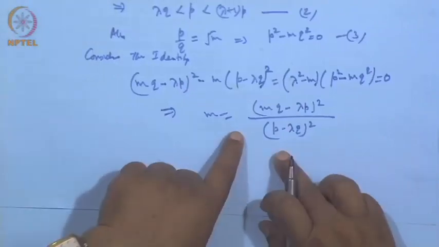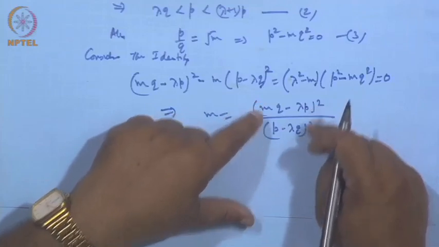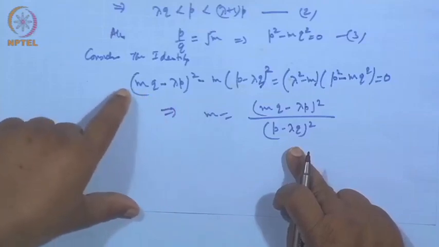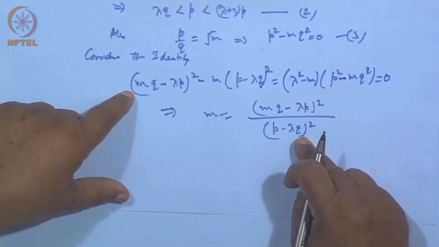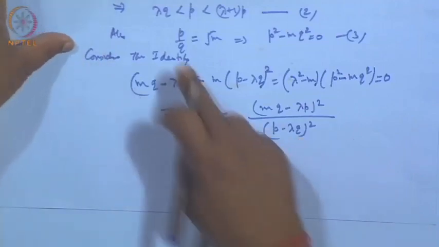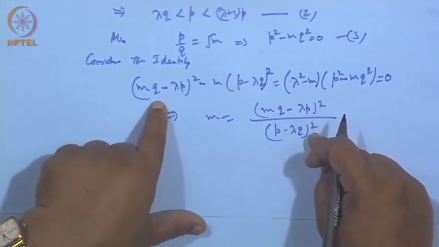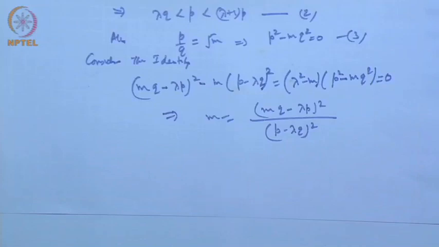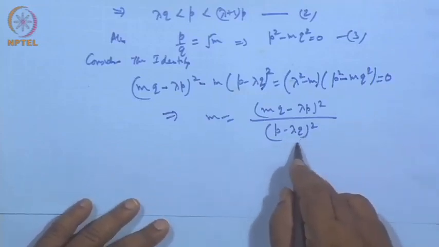So, what you are getting is m, this is also a number, but what is the denominator? The denominator is p minus lambda q, while earlier it was q. So here m is another fraction squared, and the denominator of this fraction is less than q. Why less than q?